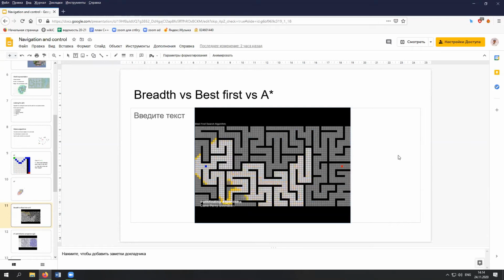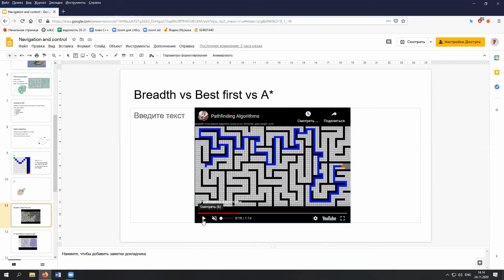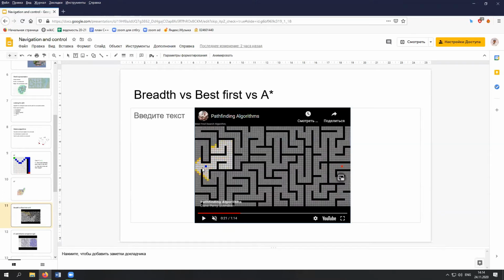This is the greedy algorithm. It just chooses the direction that is closer to the end. Let me show from the beginning. So first of all, it found this position because it's closer. Then they compete two possible ways that are both far from the end, but it goes one cell for every area of search.